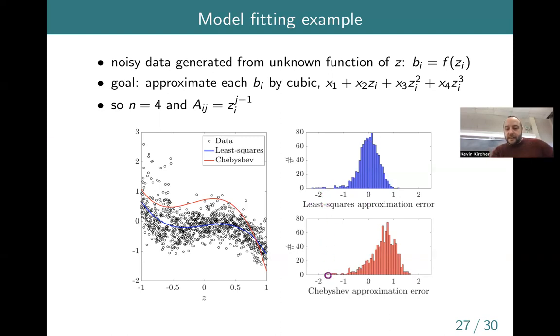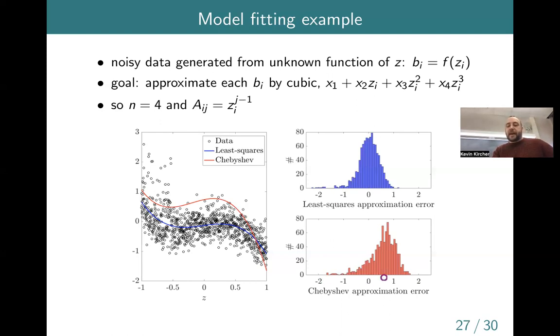So the support of the distribution, the extent covered by the distribution, is smaller on the low end for the Chebyshev approximation than for the least squares approximation. Here we're missing, worst case, by 2.5 or so, and here we're only missing in the worst case by about 1.5.